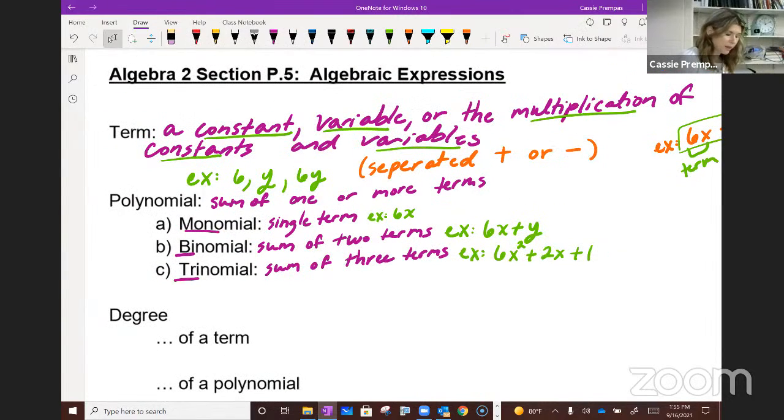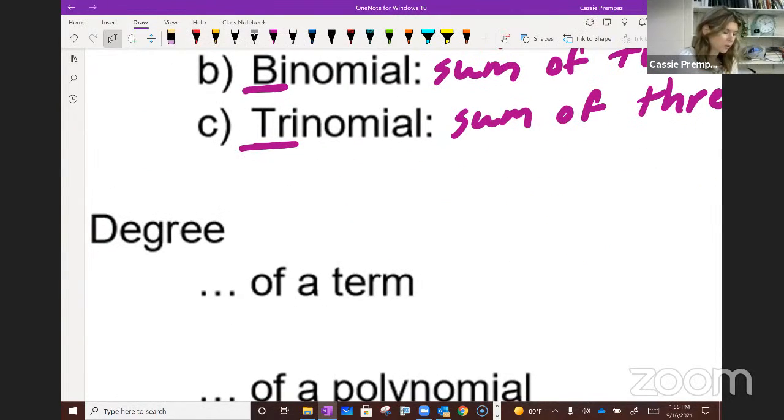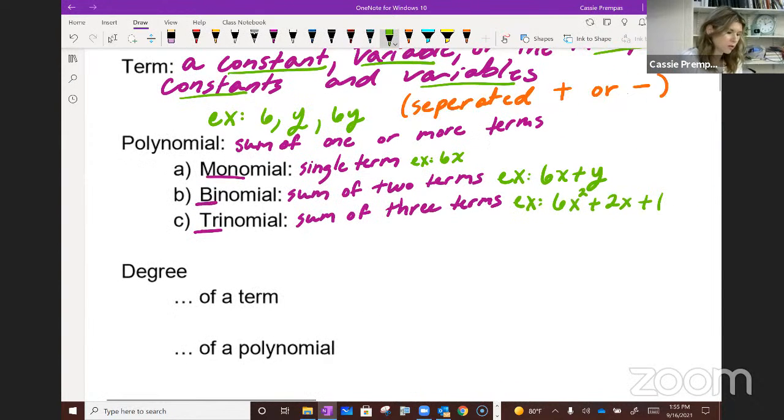Now, within each polynomial, we often talk about a word called degree. If you're talking about the degree of a term, you're talking about the exponent on the term's variable. Would 6x plus 2 be a binomial?